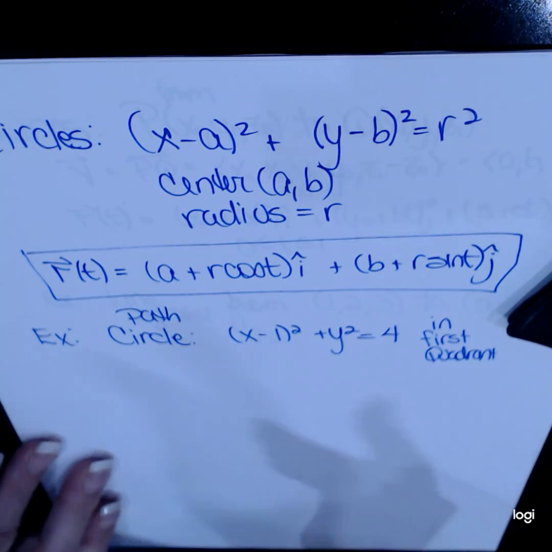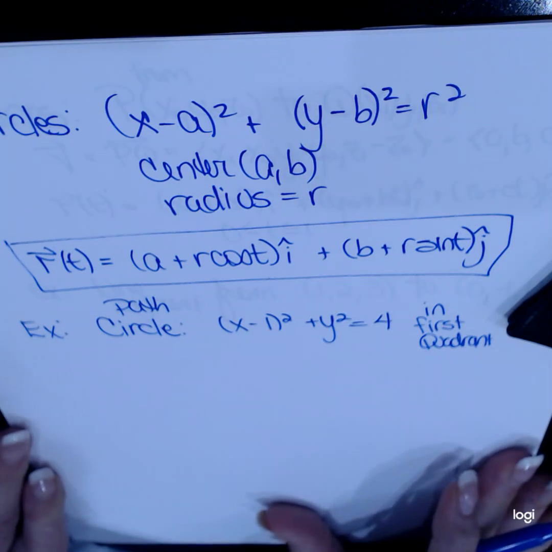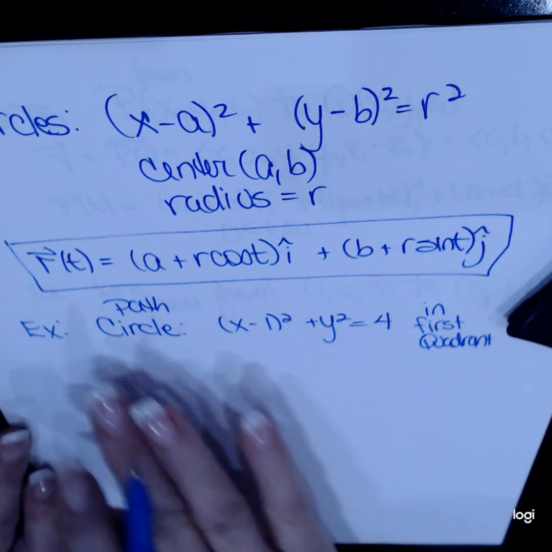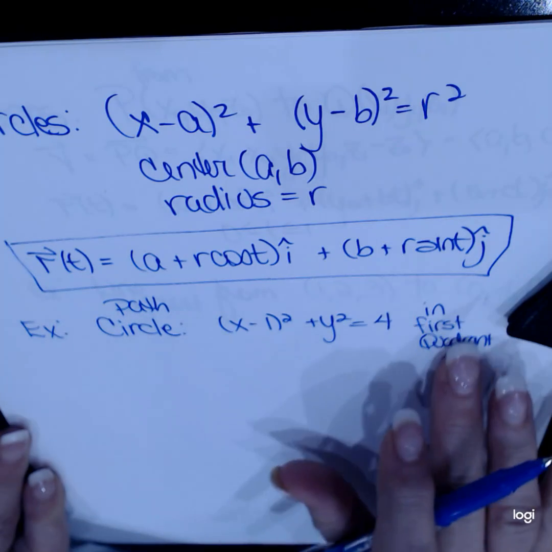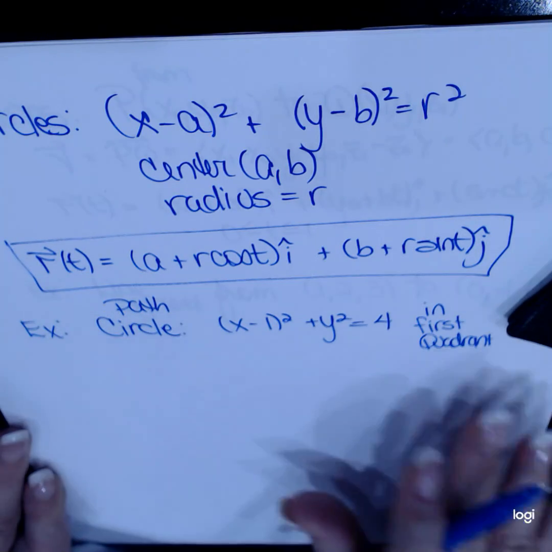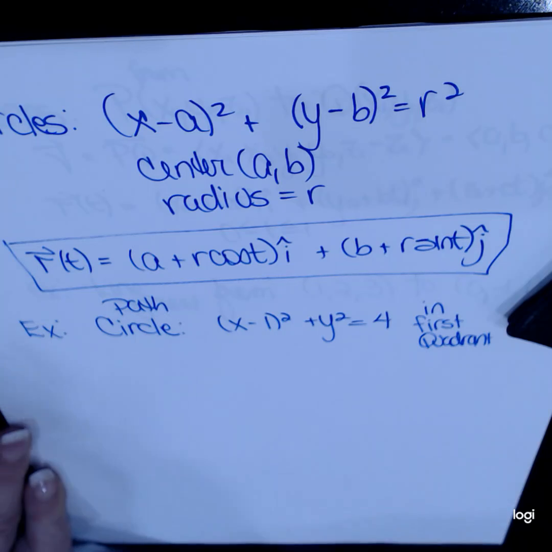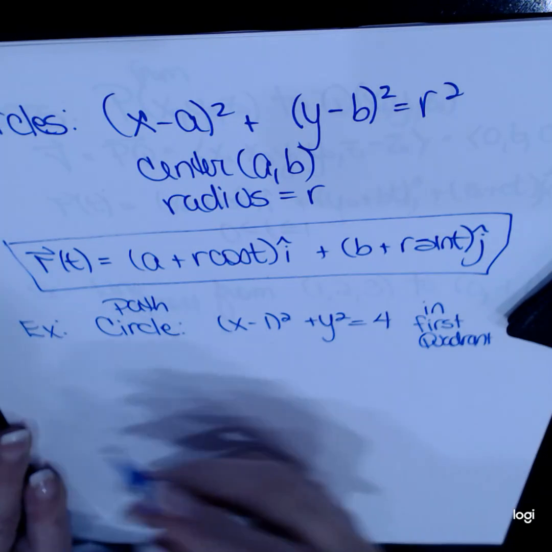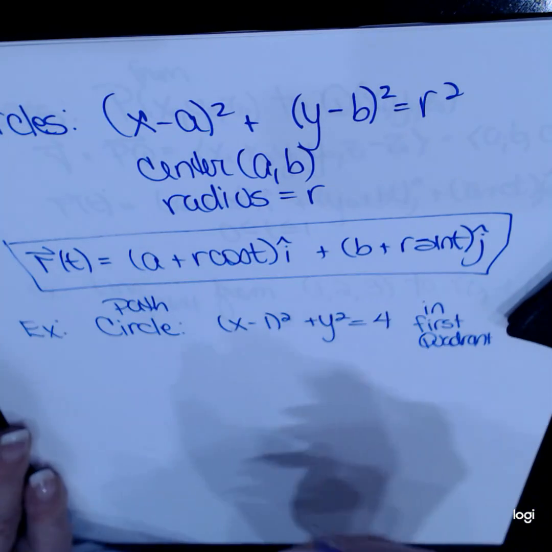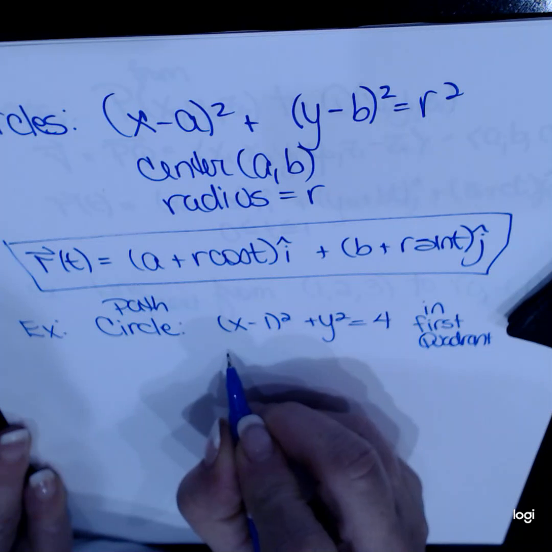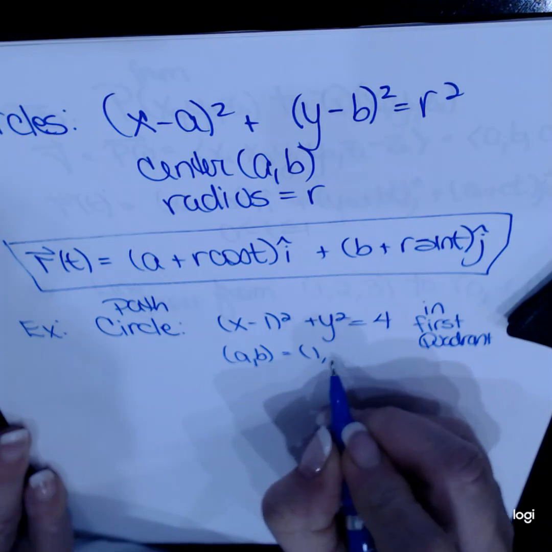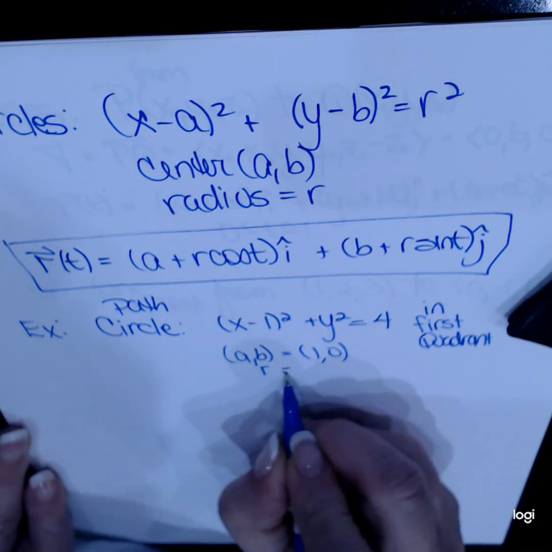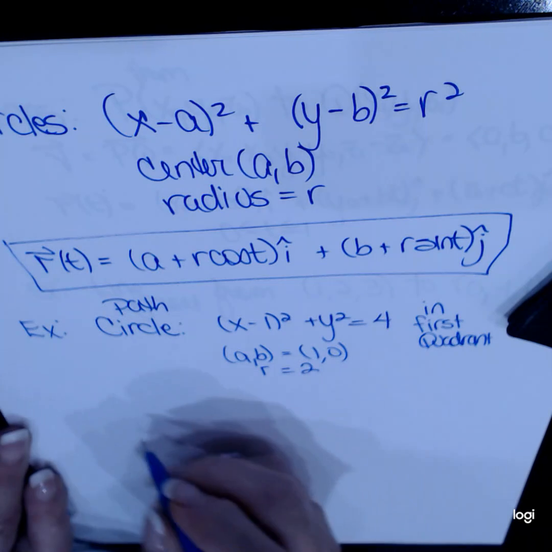So for our first example here, let's suppose I was asked to evaluate a line integral over this circle in the first quadrant. So I'm given the path here, but it's not parameterized. In order to do that, I'm just going to use this form here where the center is located at the ordered pair (a, b), which in this case would be (1, 0), and the radius is the square root of 4, which is 2.